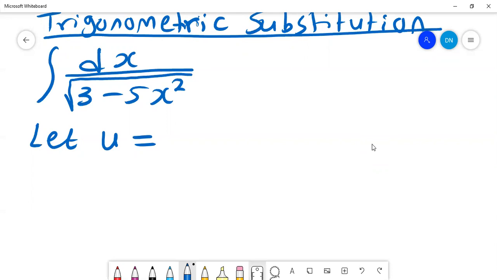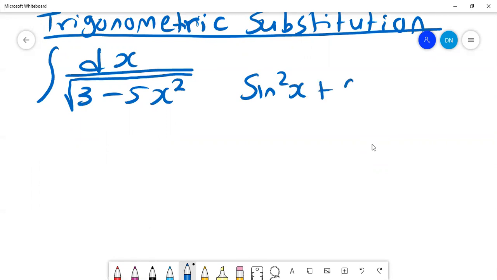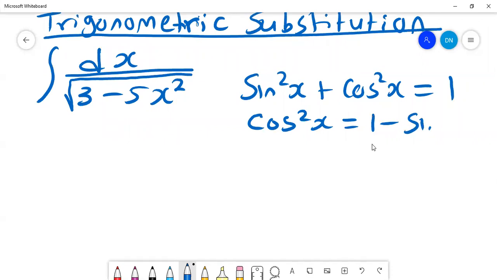The first knowledge, before we go to introducing this, is I want us to keep in mind this identity that sine squared x plus cos squared x is equal to 1. Or in other terms, cos squared x is equal to 1 minus sine squared x.